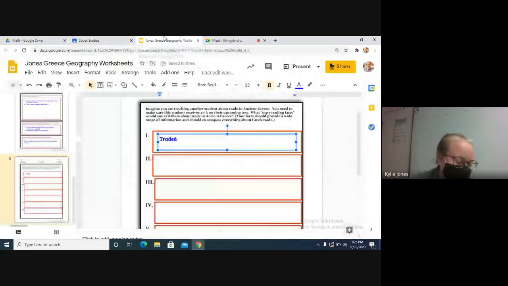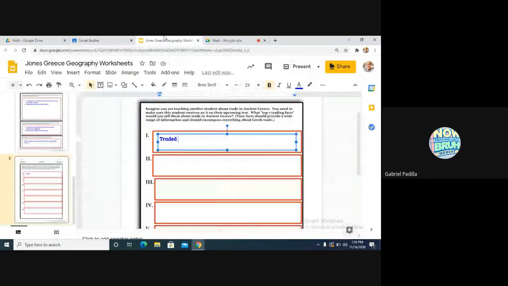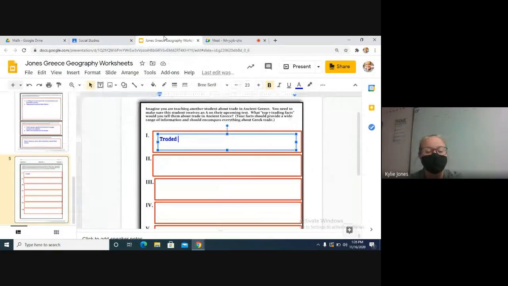Did they trade grapes? They probably traded grapes. They had so many grapes that they probably traded that. So they traded for grain and wheat. What countries did they get wheat and grain from? What does it say? There are specific countries.